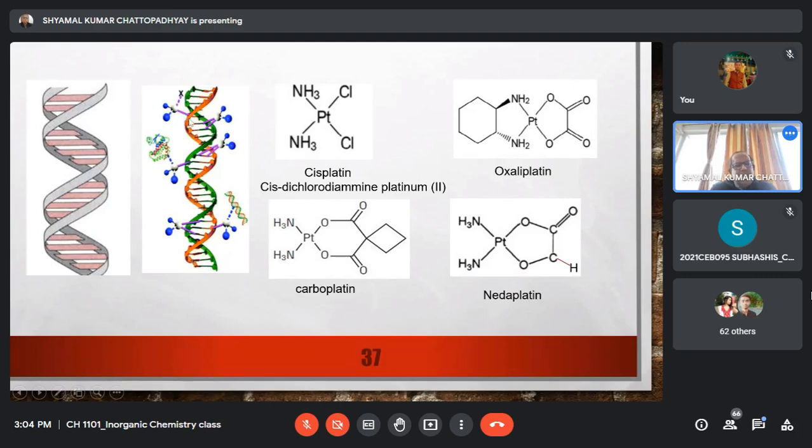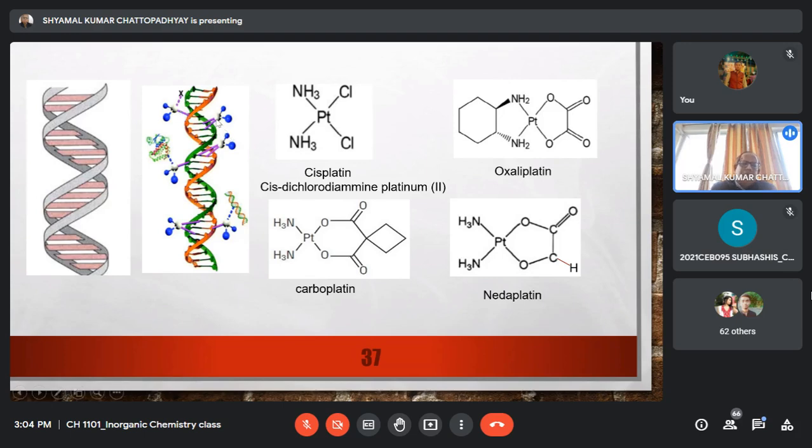This is relatively uncommon, right? But there may be certain cases where only one strand of DNA is attached to the metal complex in a monodentate fashion. Usually, this kind of binding does not lead to high anti-cancer activity. But you may find this kind of binding in some cases.